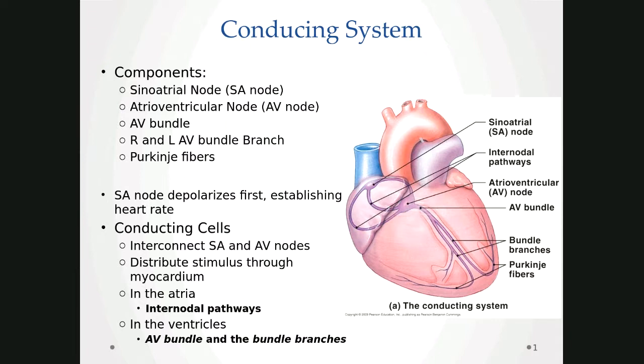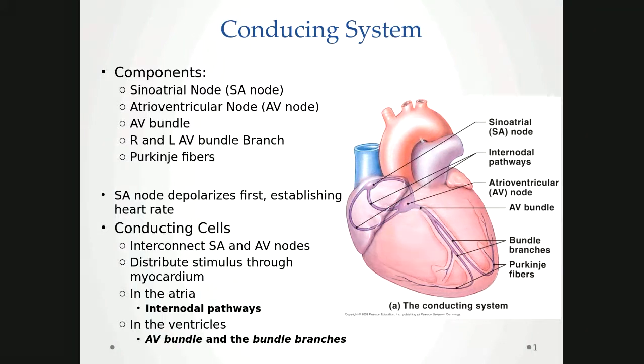The ventricle contraction happens after the atria have fired and filled the ventricles and topped them off with as much blood as possible. And then the ventricle contracts from the apex towards the superior region where the valves are located to push our blood against gravity up into the pulmonary trunk or up into our aortic arch.